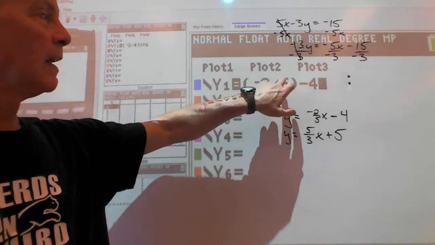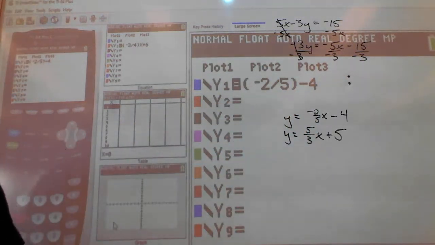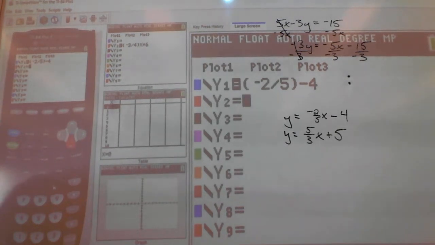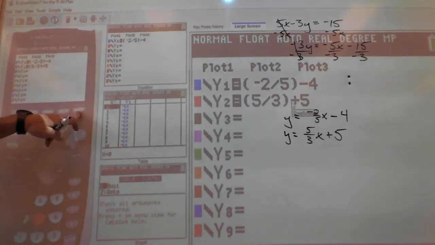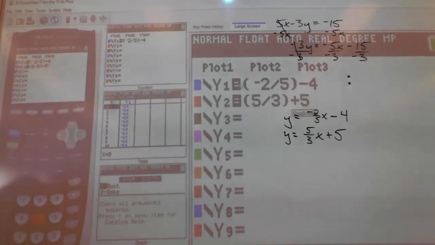It's fairly easy to see the difference when you go back to check your equations. Okay? Enter your second equation, which is bracket 5 over 3, close bracket, plus 5. Once we've entered both equations, we press the graph button in the upper right-hand corner.